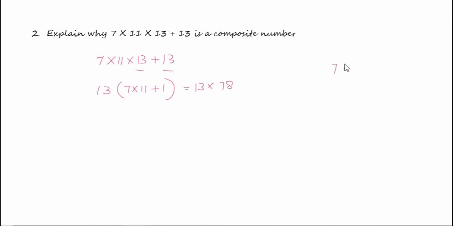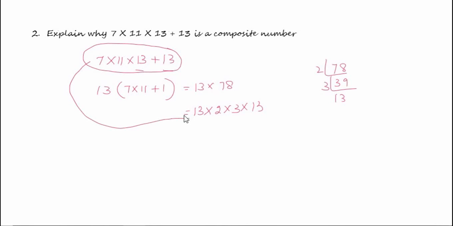Now 78 divided by 2 is 39, divided by 3 is 13. So this can be written as 13 into 2 into 3 into 13. So this number is a product of so many prime numbers. Hence this number is a composite number.